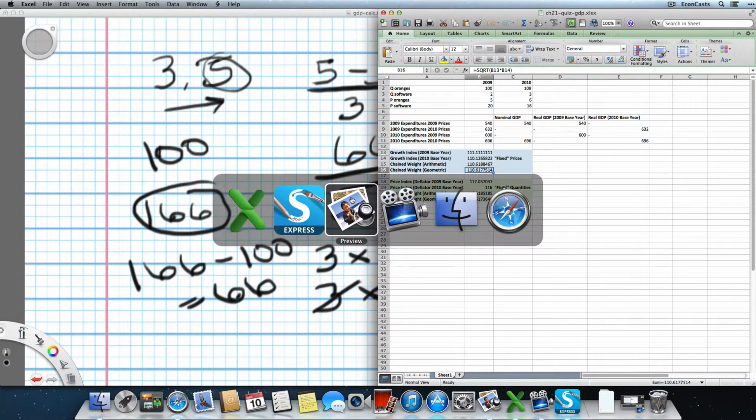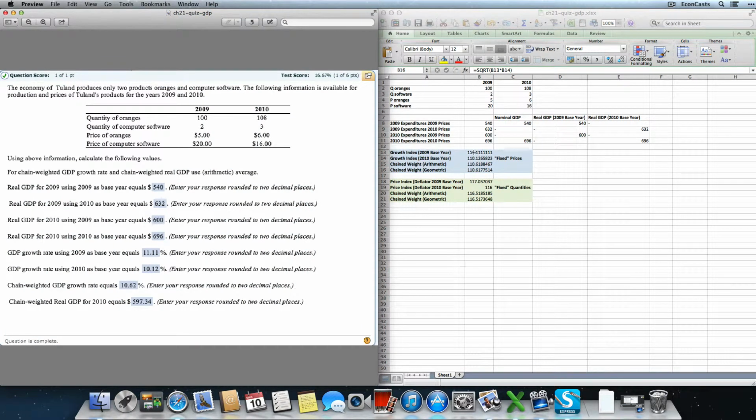Likewise, our growth rate of 111.11 indicates a growth rate of 11.11%, which we have here. If we use 2010 as the base year, instead we get 10.126 or 10.12 or 13% growth rate, depending on whether or not you rounded correctly. In this case, I did not.